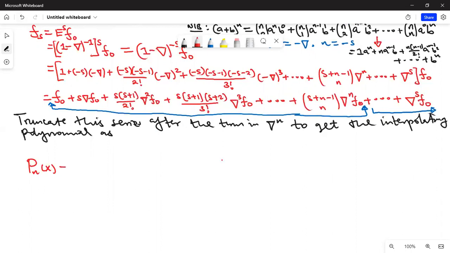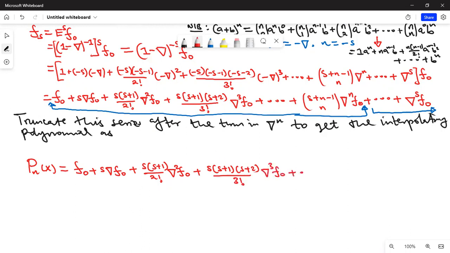So pn of x is equal to f naught plus s backward of f naught plus s plus 1 over 2 factorial, the second order backward of f naught plus s plus 1, s plus 2 over 3 factorial, third order of f naught plus so many other terms up to the last one, s plus n minus 1 combination n, nth order backward operating on f naught.